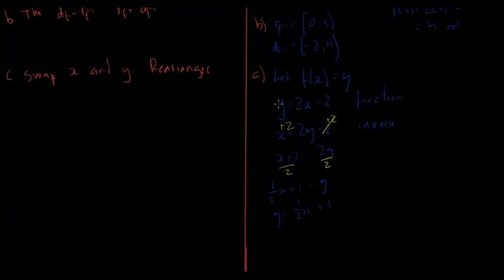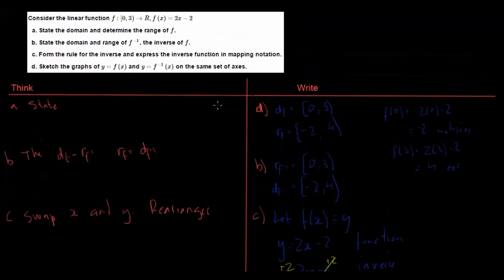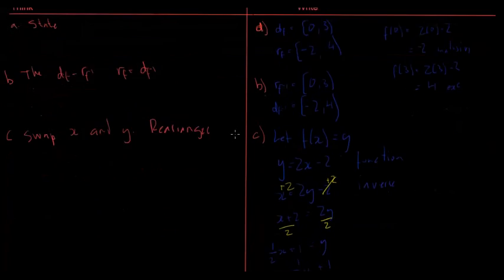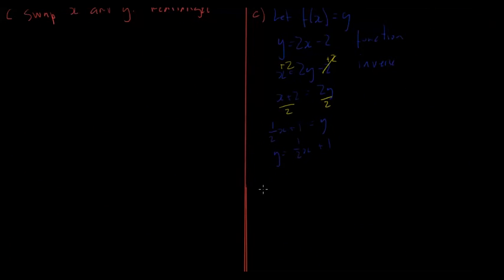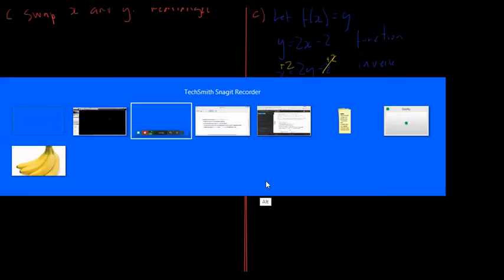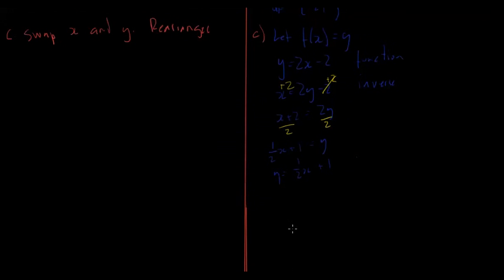Now the question isn't quite answered because we need to write it in mapping notation. To write that in mapping notation, we need to have the name, which is f^-1. And then after the name, we have the domain.